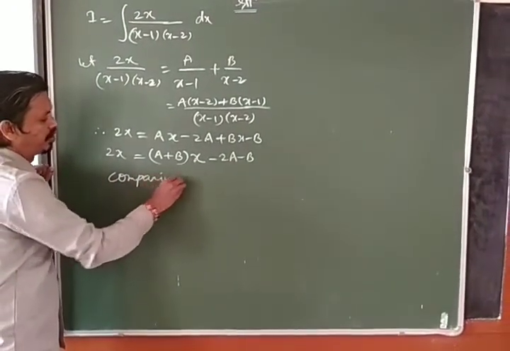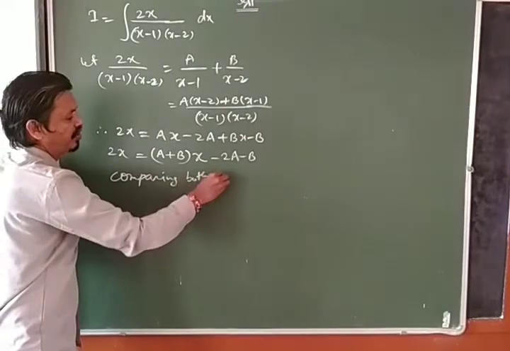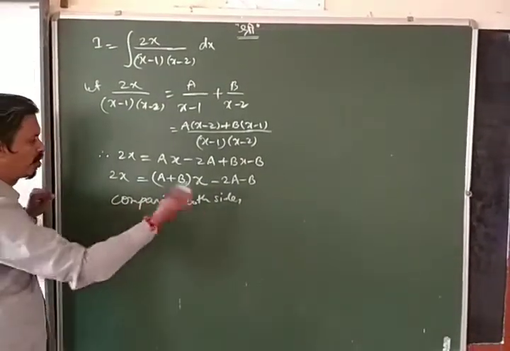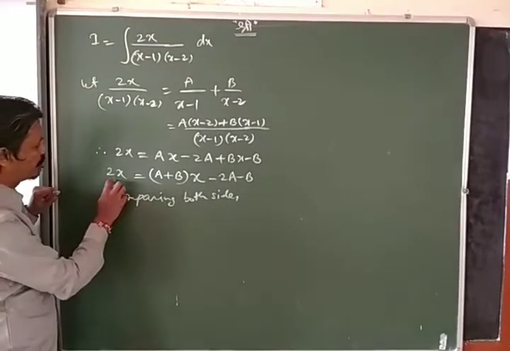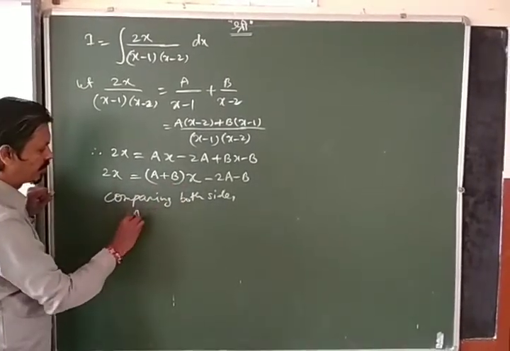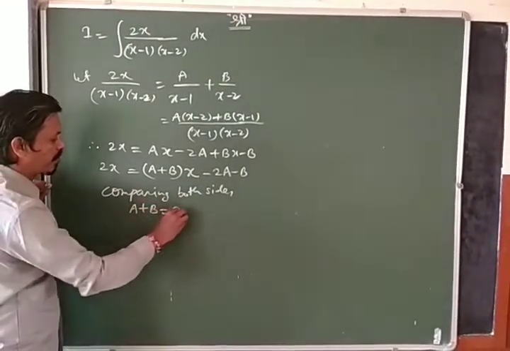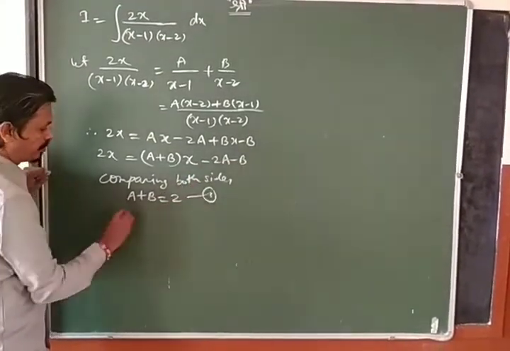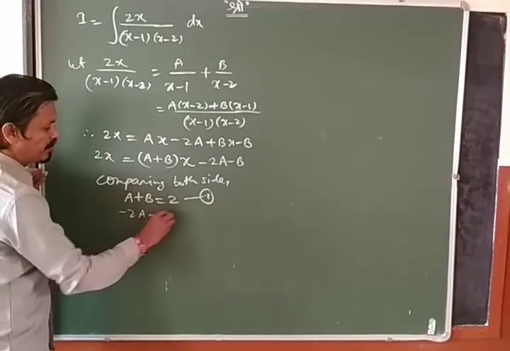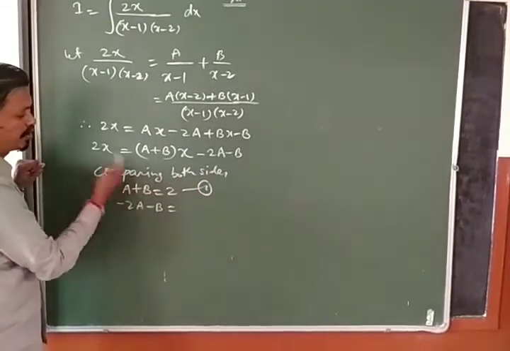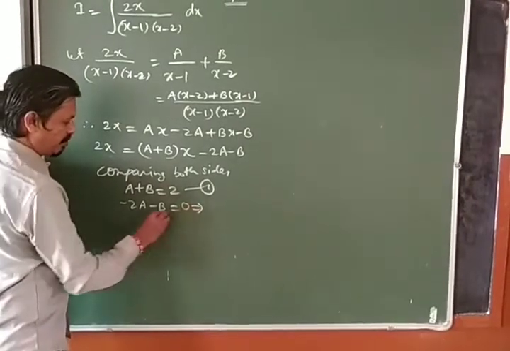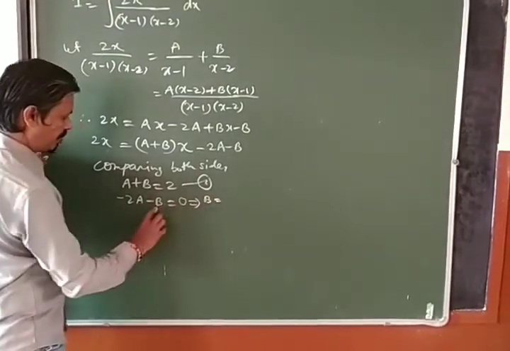So here the x coefficient on the left is 2, and on the right the x coefficient is A plus B. So A plus B will be 2. Then minus 2A minus B is the constant, and on the left the constant term is absent, so it is 0. So from this we can say B equals minus 2A.